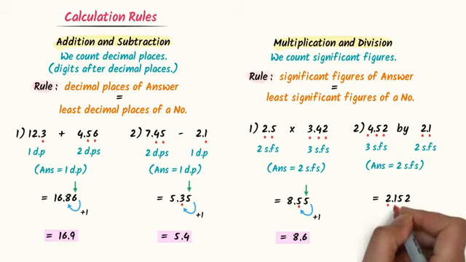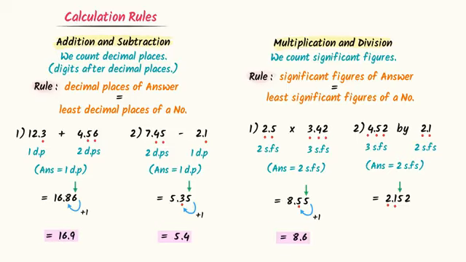Now the digit after the first 2 significant figures is 5, followed by 2. 2 is less than 5. I drop it. So the final answer is 2.2. Thus remember that addition and subtraction go by decimal places, multiplication and division go by significant figures.